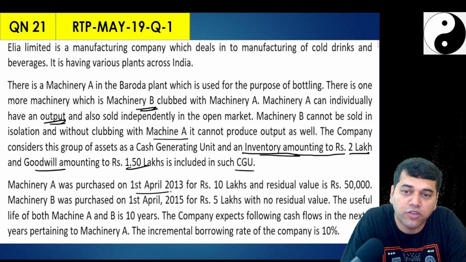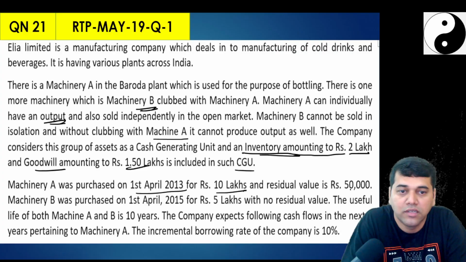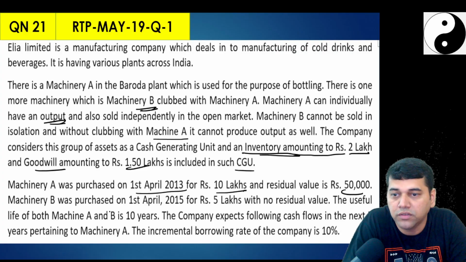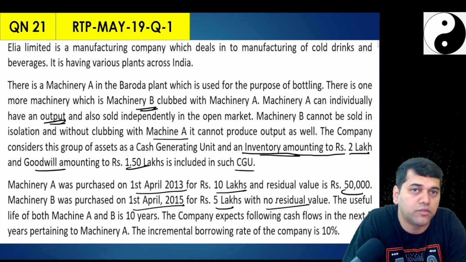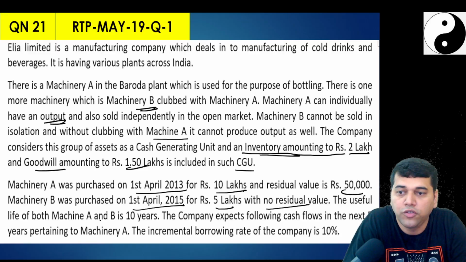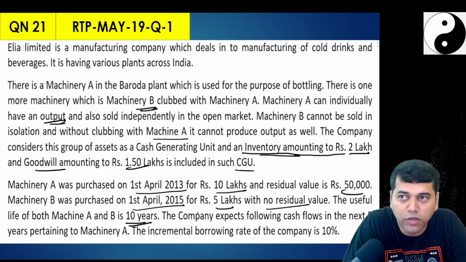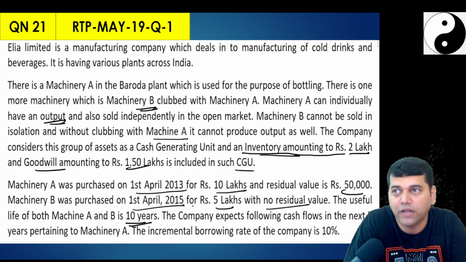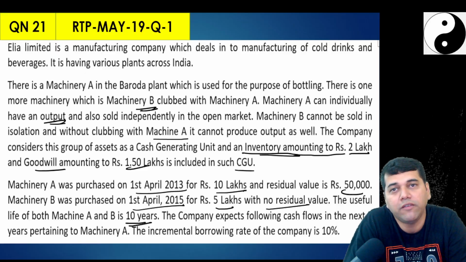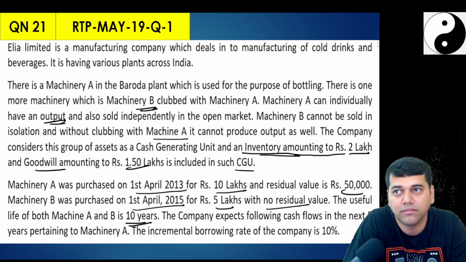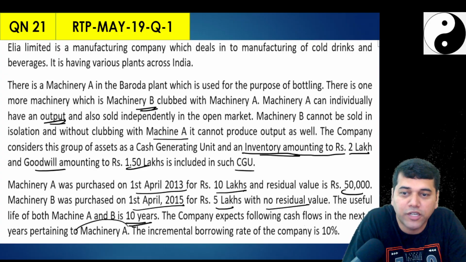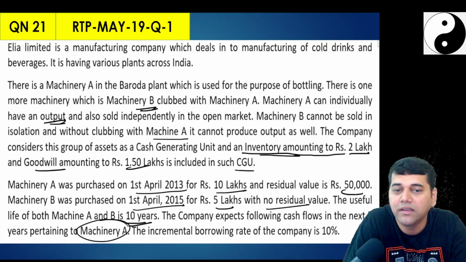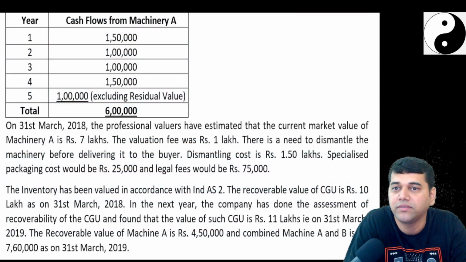Machinery A was purchased on 1st of April for 10 lakhs. Its residual value was 50,000. B was purchased after 2 years for 5 lakhs with zero residual value. The useful life of both machines is 10 years. But today, machinery A will be 2 years older than machinery B. The company expects the following cash flows in the next 5 years pertaining to A, because A can earn independently, and the incremental borrowing rate is 10%.